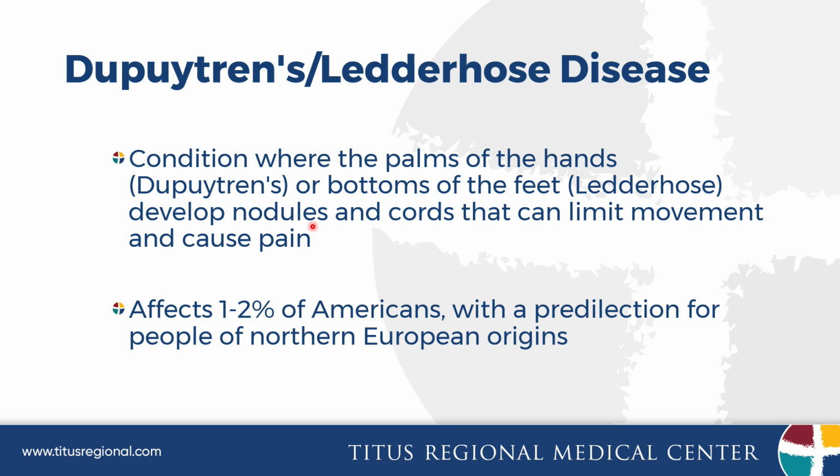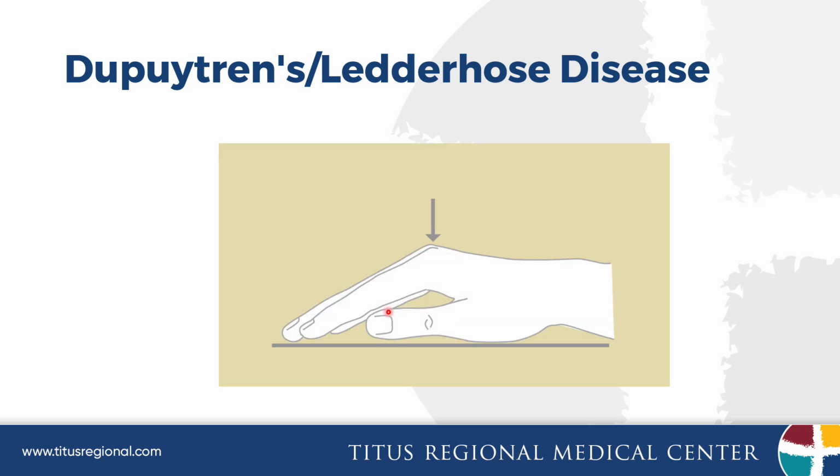And typically patients will develop small nodules and cords that over time can limit movement in those joints and those limbs and can cause pain. Across the United States, approximately 1 to 2% of Americans can develop this, with a predilection for patients with Northern European origins.